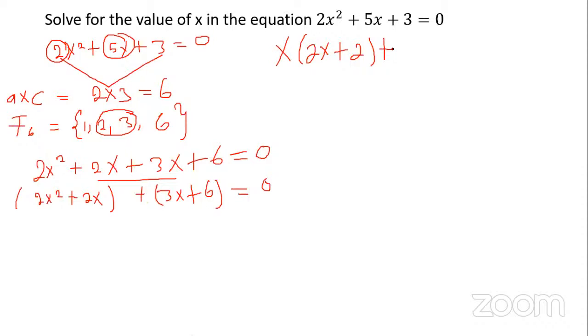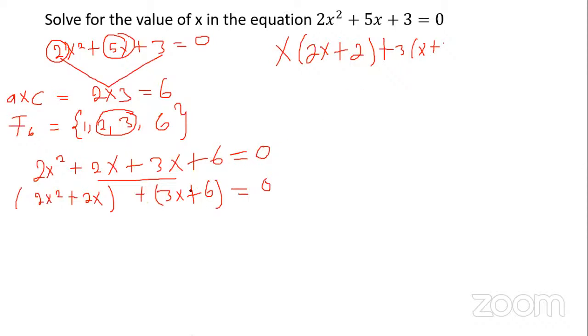Common factor in the second bracket, it's going to be 3x plus 2x.